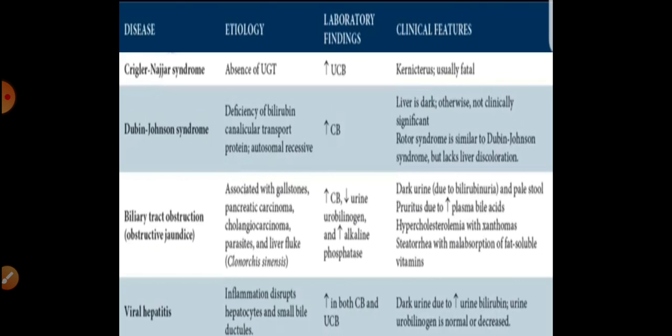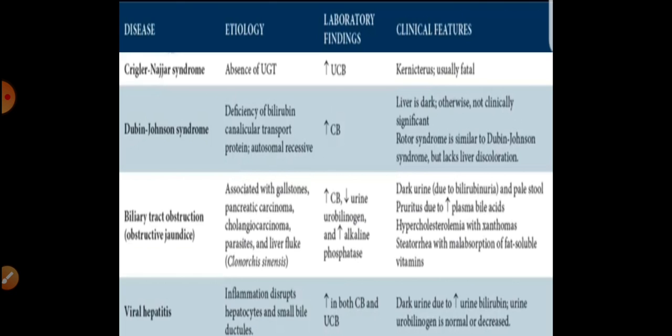Coming to viral hepatitis, it is inflammatory disruption of hepatocytes and small bile ductules. In this condition, there is increased concentration of both conjugated and unconjugated bilirubin because there is diffuse alteration in hepatic function.